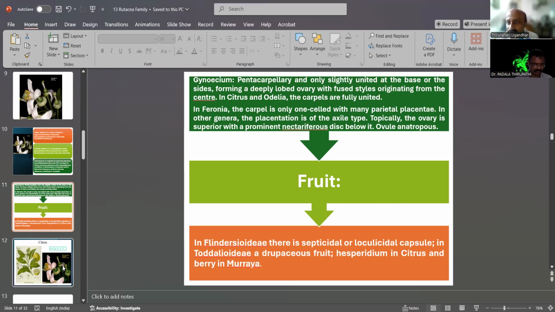These hesperidium fruits are multicarpellary, multilocular fruits. This is important among the floral characters of this plant.